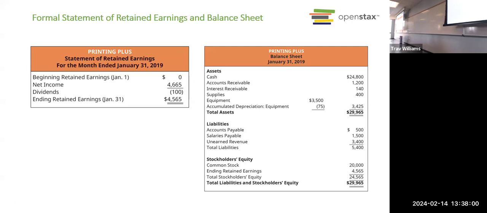Which has the net income and the dividends already built into this number. It goes right there. All of these other amounts just came from the adjusted trial balance.